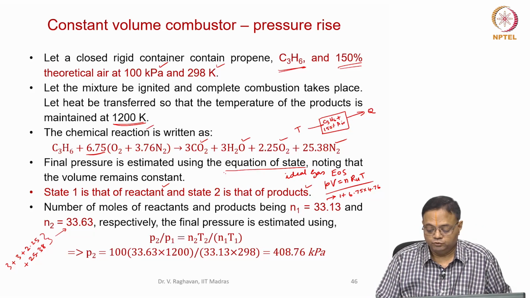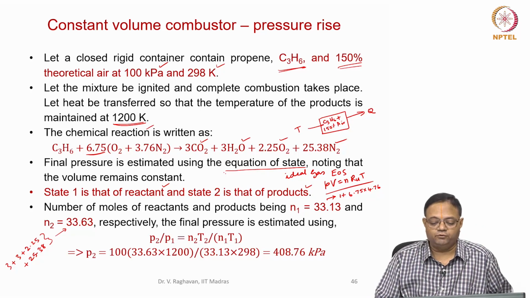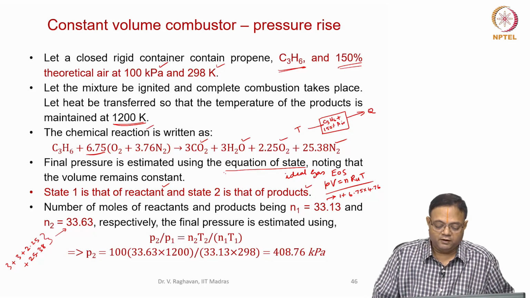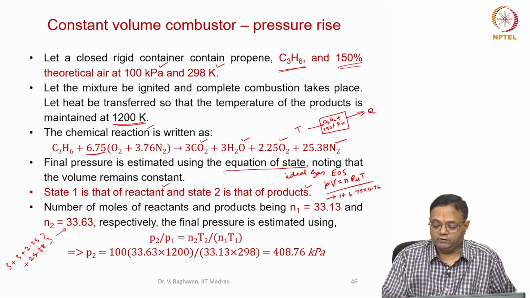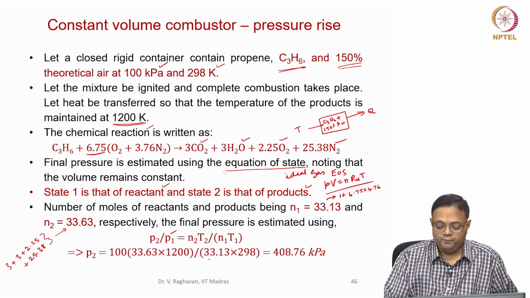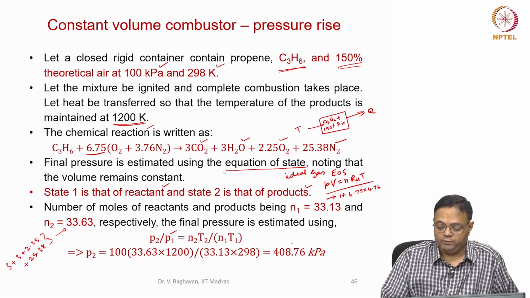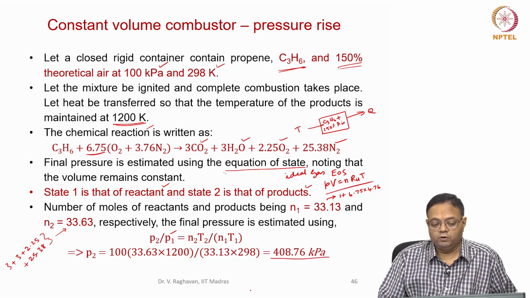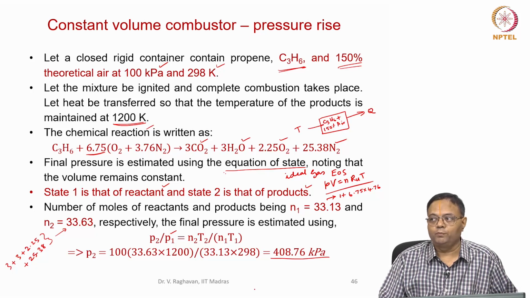That's it. Now it's very simple, just use the equation of state, PV equal to N R_U T, but V is constant. So we can say P2 by P1 will be equal to N2 T2 divided by N1 T1, and you know all the numbers of moles and temperatures. So you can see that P2 will be approximately 4 times the initial pressure, 408.76 kilopascals.